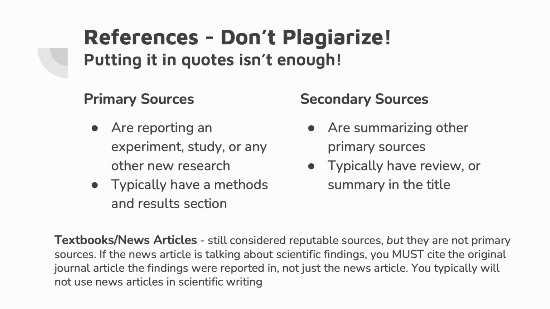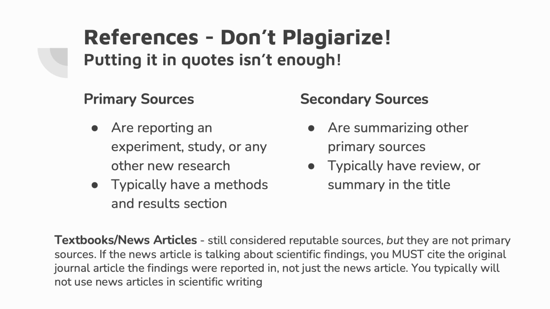References. So don't plagiarize. For science, putting it in quotes isn't enough. I never want to see quotes in any of your papers. If you put quotes, that is considered plagiarism in science writing. It is not acceptable to put quotations in a paper in science writing.